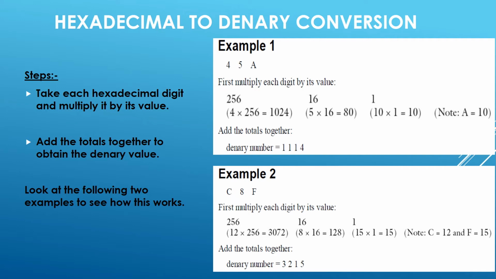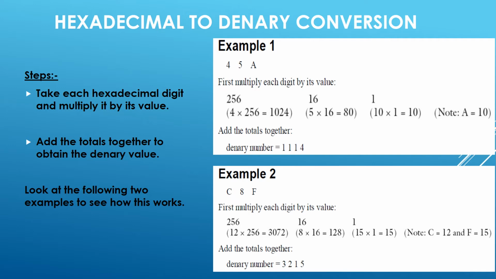So 12 will be multiplied with 256. 12 is the value of C in the hexadecimal table. Then the next digit 8 will be multiplied with 16, which is the hexadecimal notation.